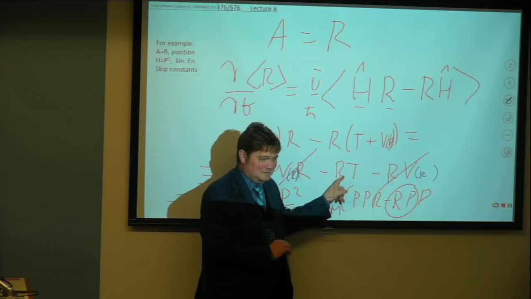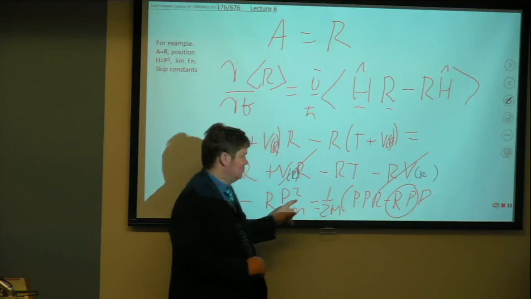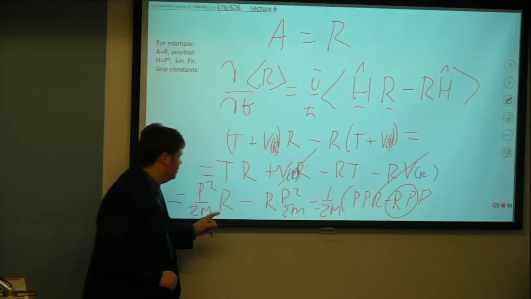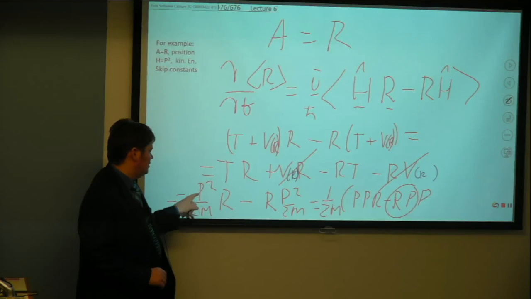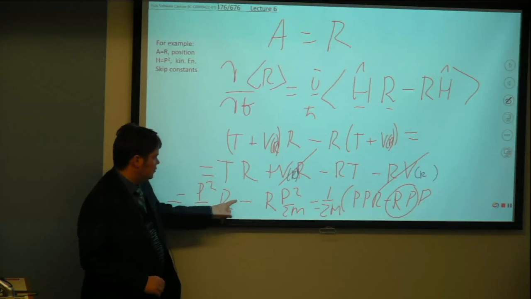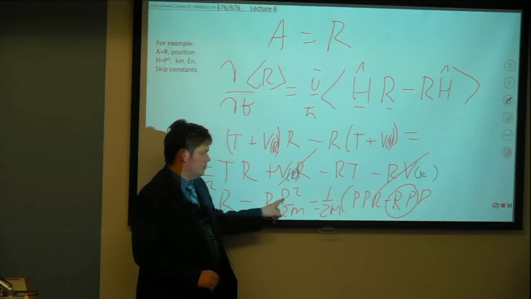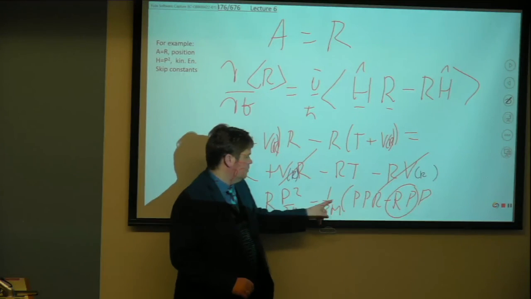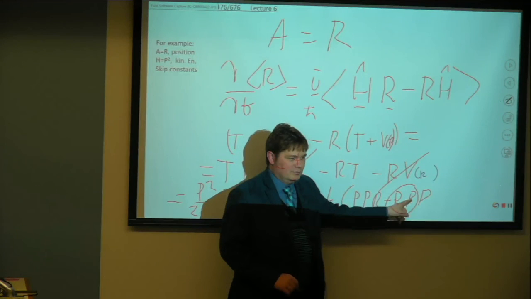No. Just avoiding ambiguity. Now, kinetic energy is momentum squared. So we need momentum squared times R minus position times momentum squared. So we have PPR minus RPP.